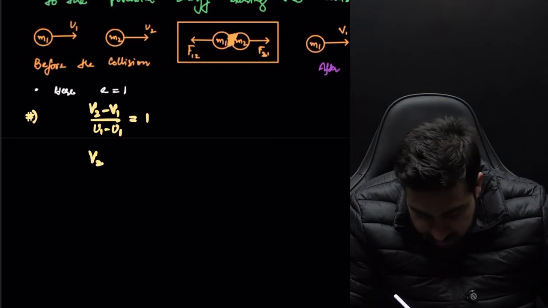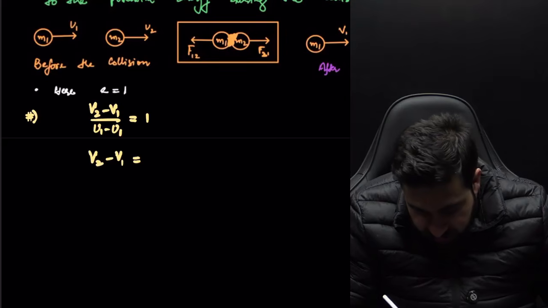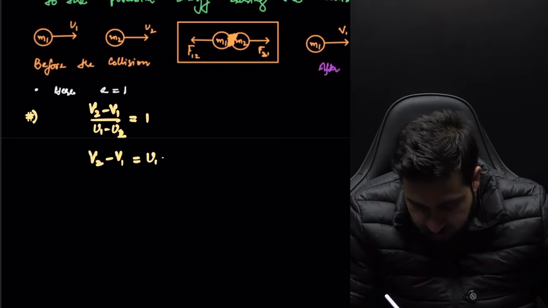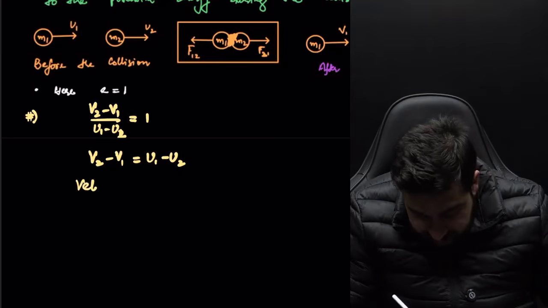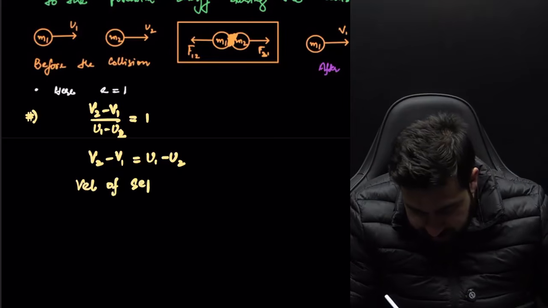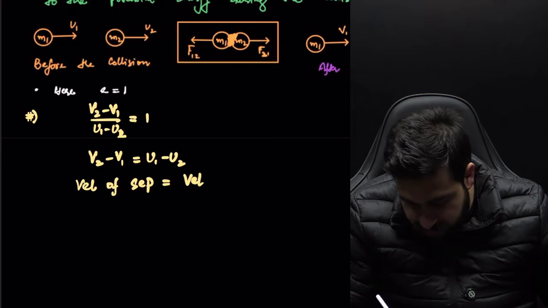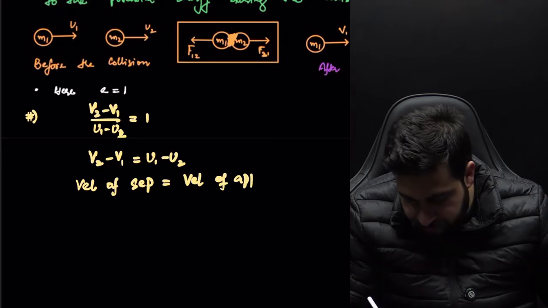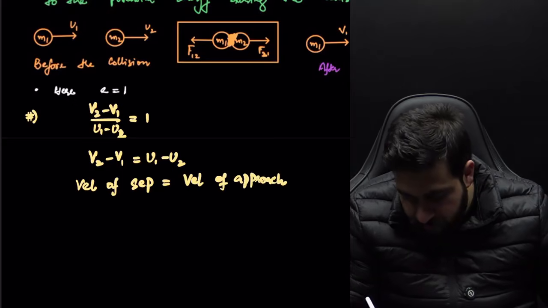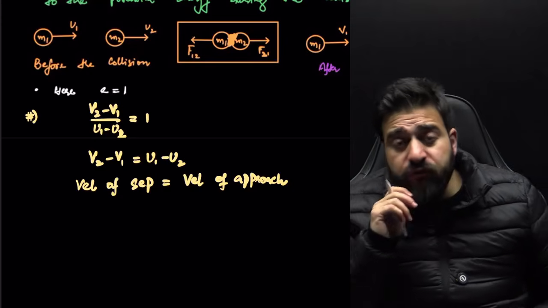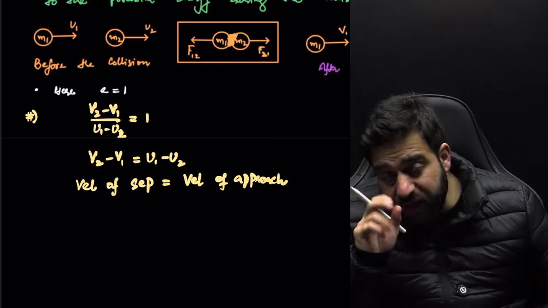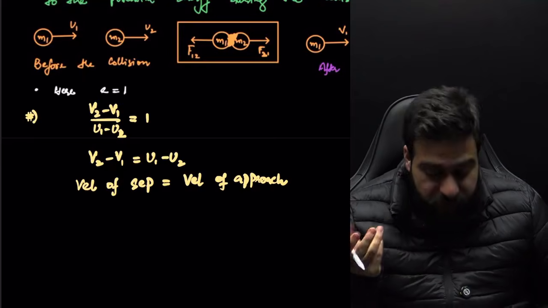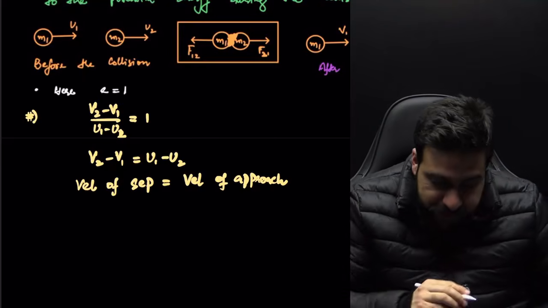So V2 minus V1 will be equal to U1 minus U2. That means velocity of separation will be equal to velocity of approach. So in an elastic collision, with whatever velocity they are approaching, the same will be the velocity with which they are separating. This is the important point.